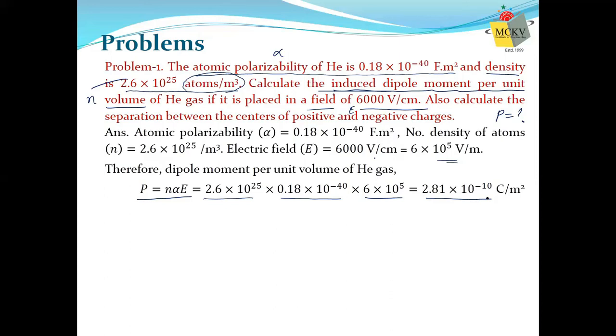Because here we are using so many quantities, you may forget some units. Don't bother. Try to find the unit from the quantities themselves. The unit of N is given, the unit of alpha is given, the unit of E is given, so from that try to estimate the unit. If you cannot, just write SI unit. No harm in it.